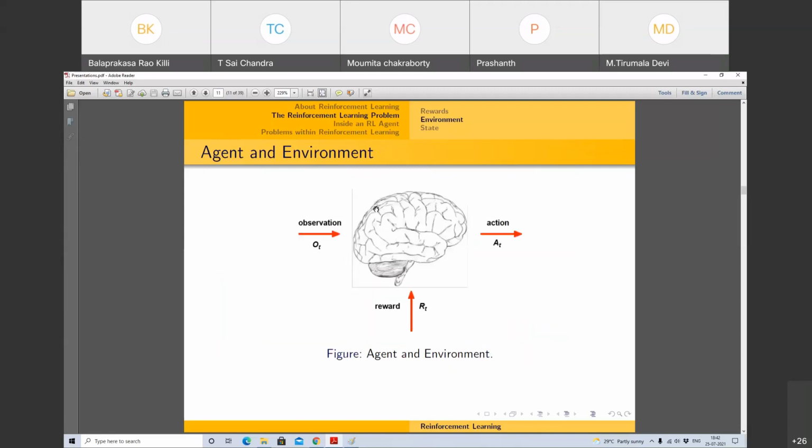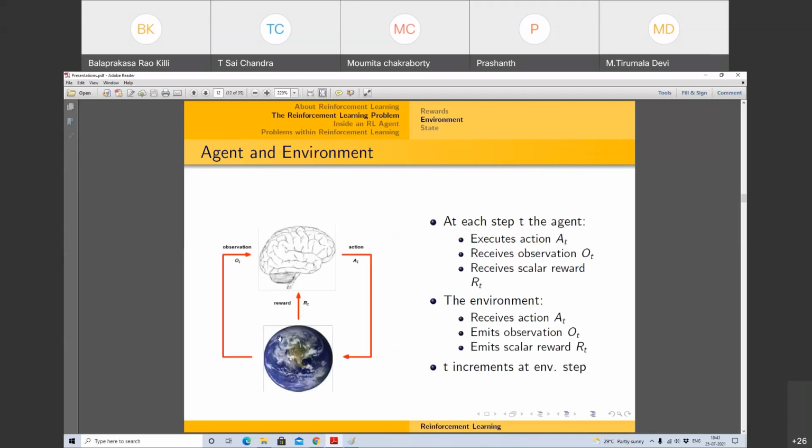So this is the first entity, agent. What is the second entity? Second entity is environment. What is environment? Environment is the demonstration of the problem to be solved. What does that mean? Suppose a robot is moving inside a ground. Now what is the environment? Environment is your ground. Suppose reinforcement learning is used for playing some game. We'll see the applications. Then in that case, what is the environment?